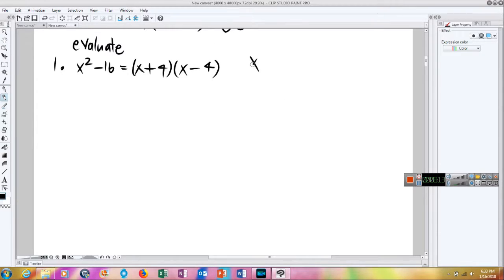So x times x is x squared, x times 4 is 4x, 4 times x is 4x, the minus sign here because this is a negative 4. 4 times 4 is 16.